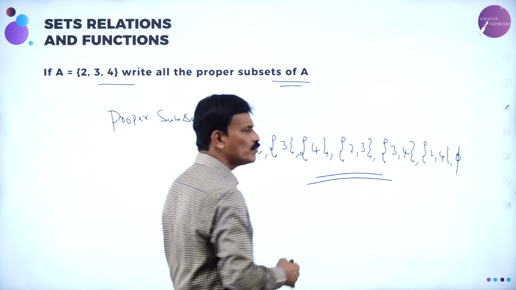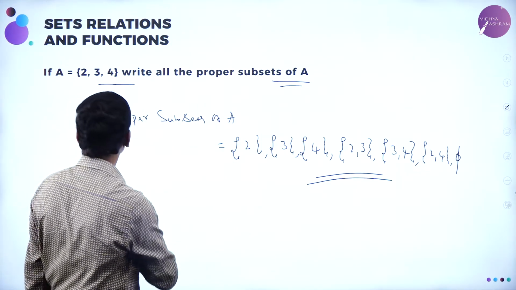So these are called the proper subsets of the given set A equal to {2, 3, 4}.